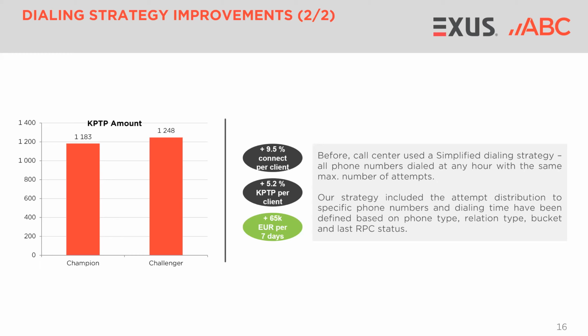And as you can see, we were able to bump up 65,000 euros in 7 days. Multiply by 4, you get a monthly, and multiply by 12, you get a yearly improvement, just by prioritizing numbers in the dialer.